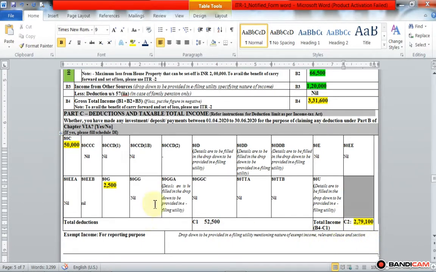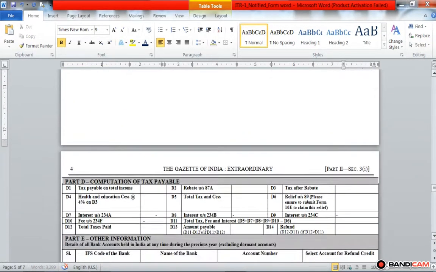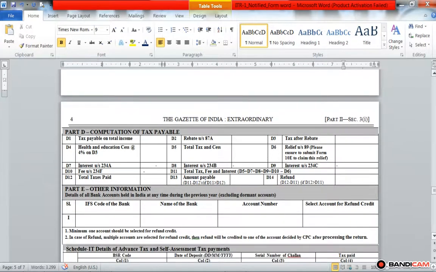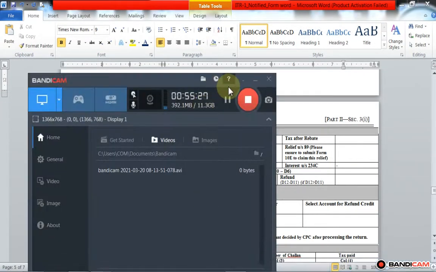Then the next part is computation of tax payable. Now we compute the tax payable. So remember the slab rates. First of all we discuss the slab rates.